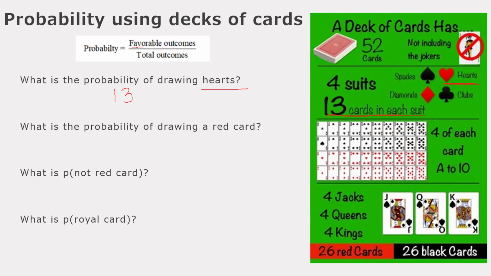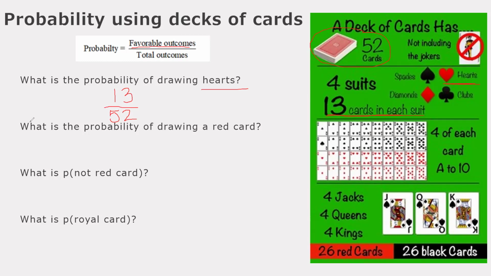That's our favorable outcomes. That's going to be our numerator. Then our denominator is the total number of cards. Well, there are 52 cards in that deck. So that's the total number of cards I could choose from. So 13 out of 52 is our probability of us drawing a card that is a heart.